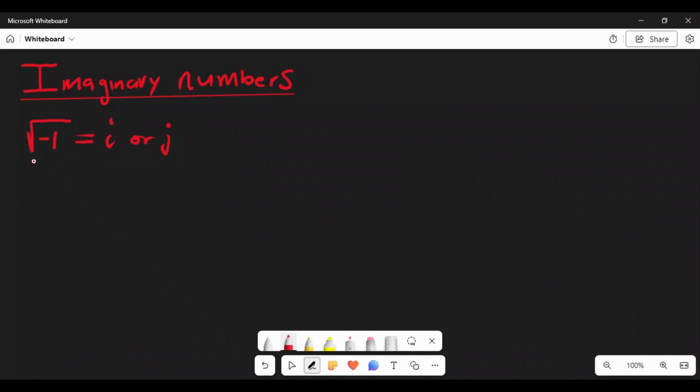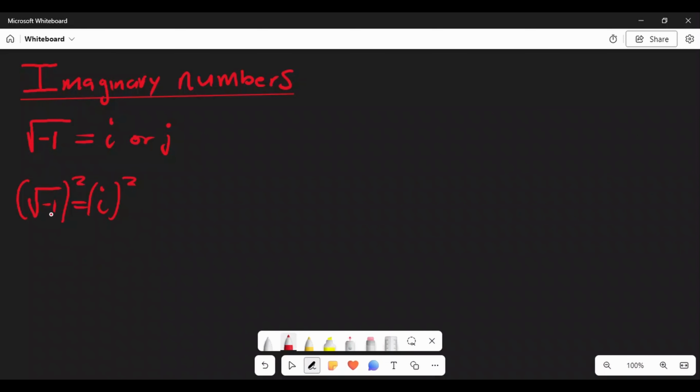Alright guys, so let's look at this. We already established that root negative 1 is equal to i, right? So since root negative 1 is equal to i, if we square root negative 1, what you do on the left hand side you must also do on the right hand side.